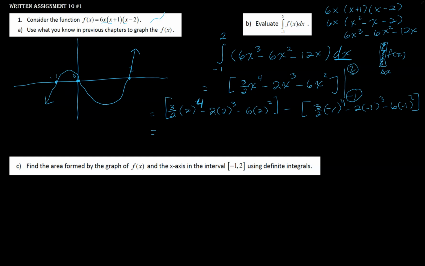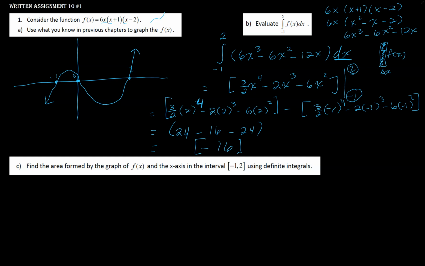So then on the x to the fourth, that would be 16. 16 divided by 2 is 8, 8 times 3 is 24, minus 8 times 2 is 16, minus 2 squared is 4 times 3 is 12. So all that will give us a negative 16 here in the front.